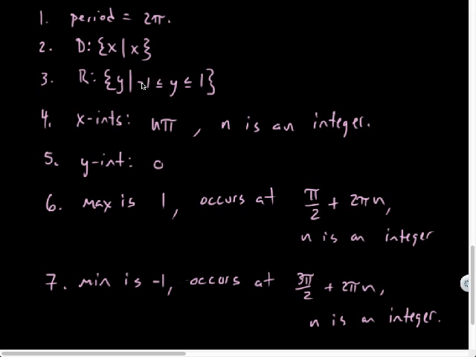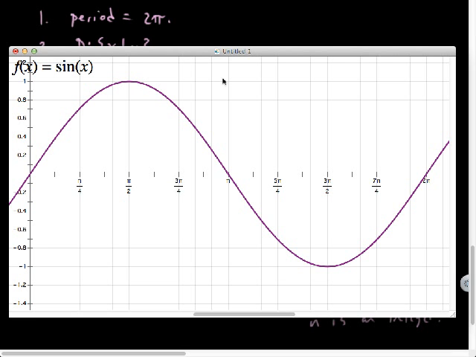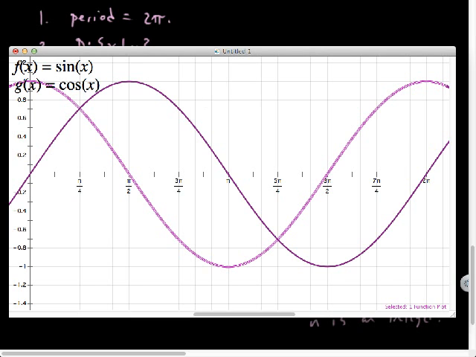So let me show you cosine on this same graph. Graph of cosine x. Let me change the color a little bit, and the line style, we'll make it dashed. So here's cosine of x, right?